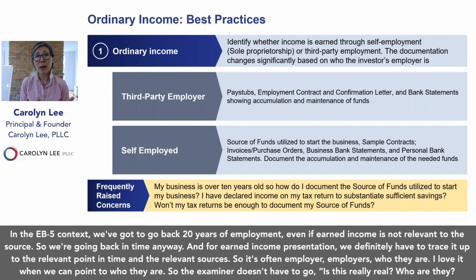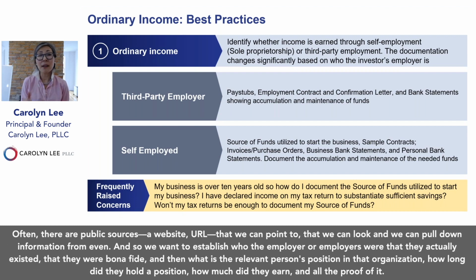I love it when we can point to who they are, so the examiner doesn't have to wonder, is this really real? Often there are public sources, a website URL that we can point to and pull down information from. We want to establish who the employer or employers were, that they actually existed, that they were bona fide.